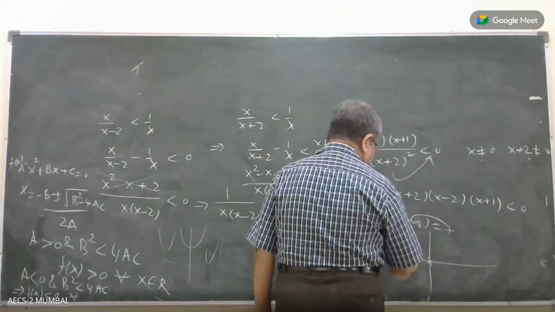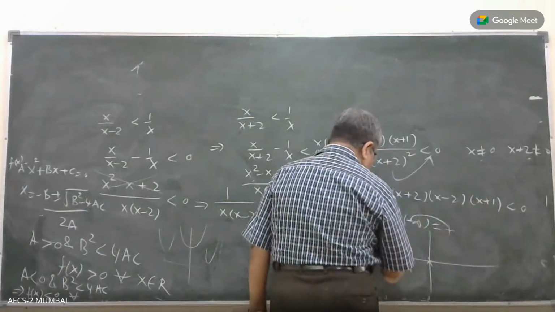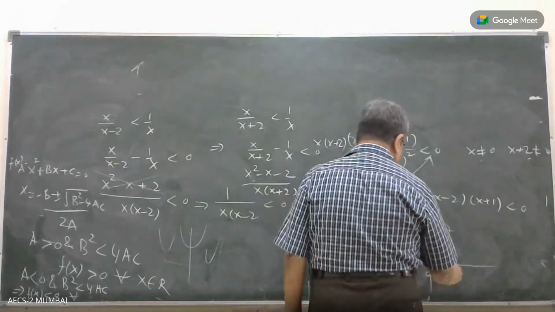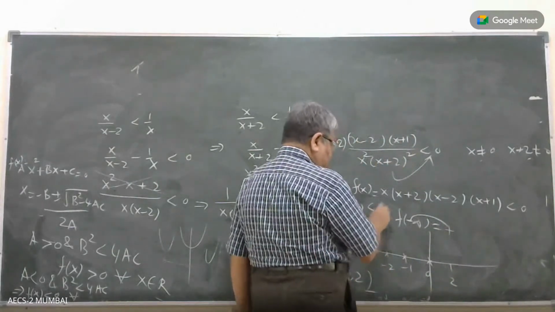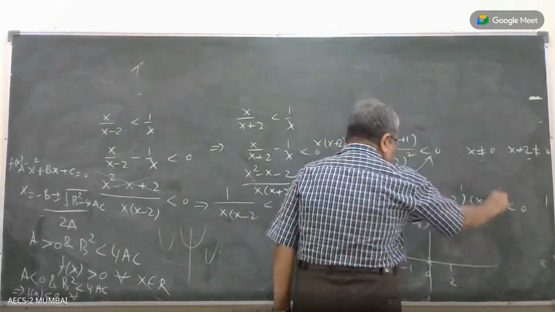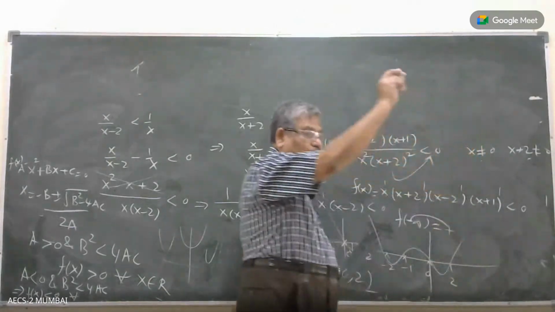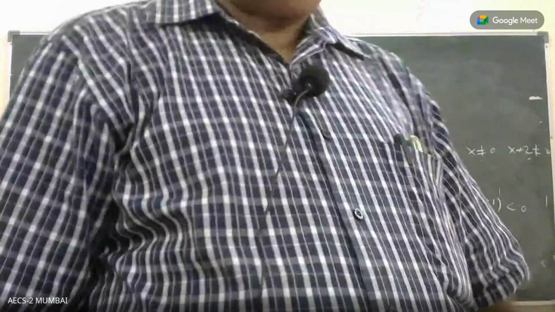Minus 2, minus 1, 0, and 2. And then all these are 1, 1. So it will start like this. Correct? It will cross everywhere.